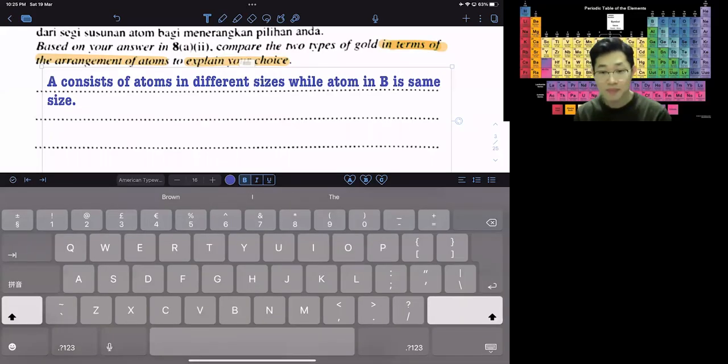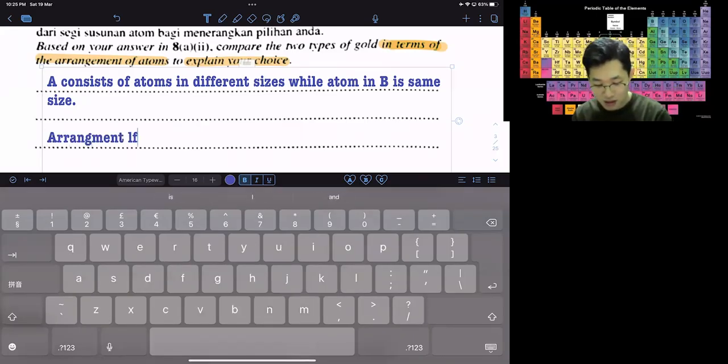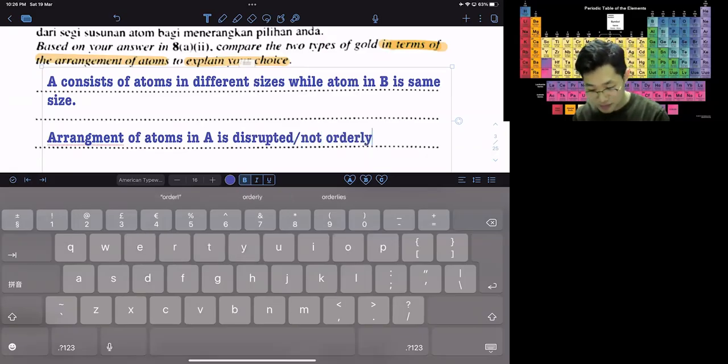So what happened is, you can say the arrangement of atoms in A is disrupted. Or you can say not orderly arranged. Very messy.